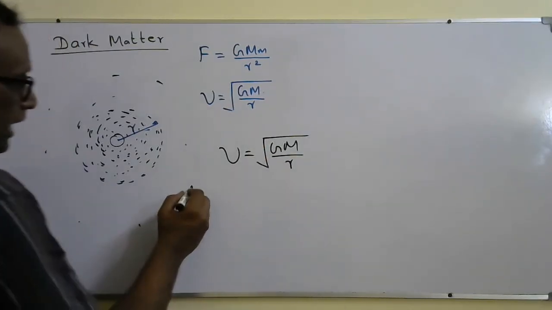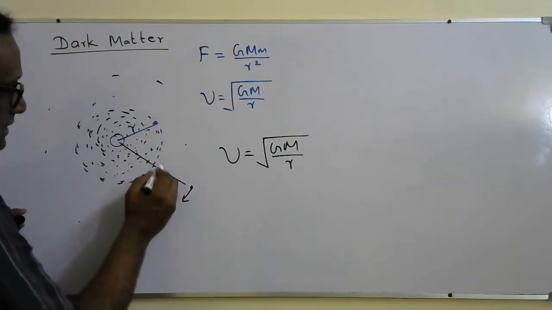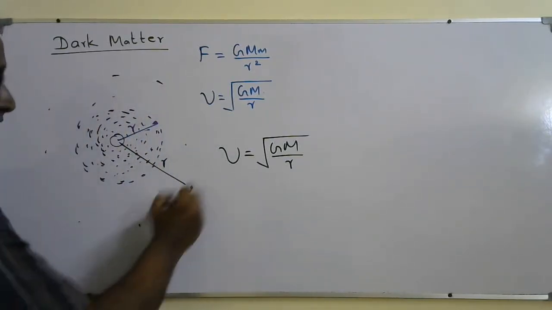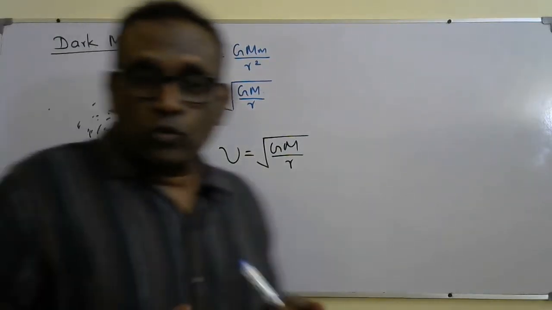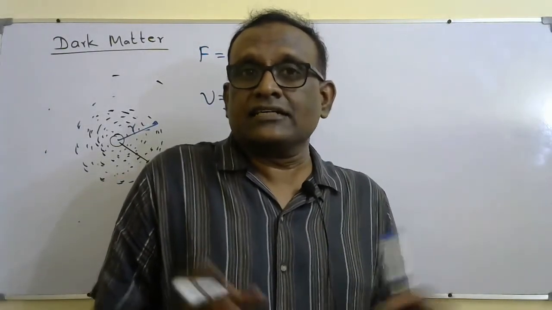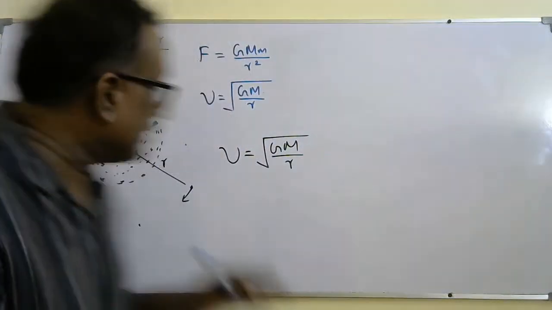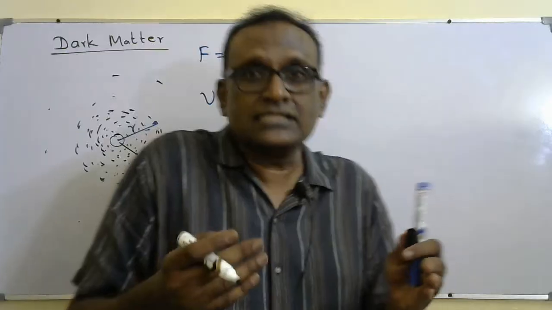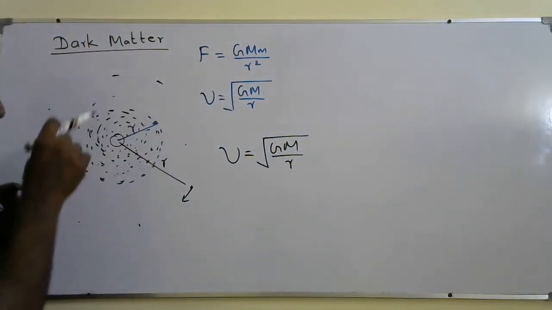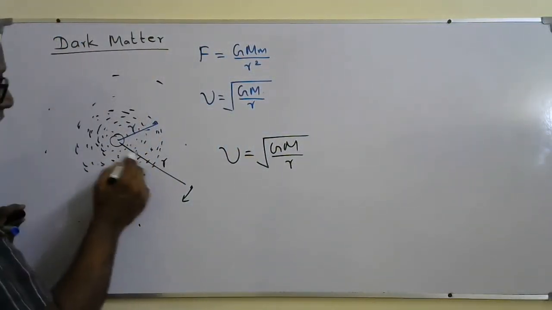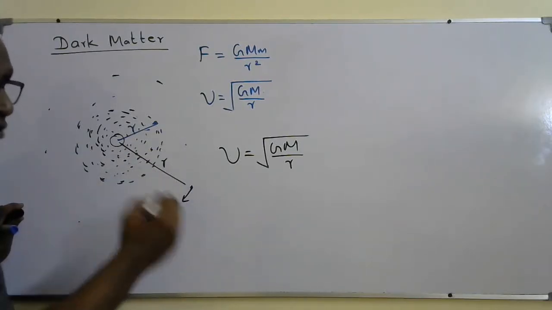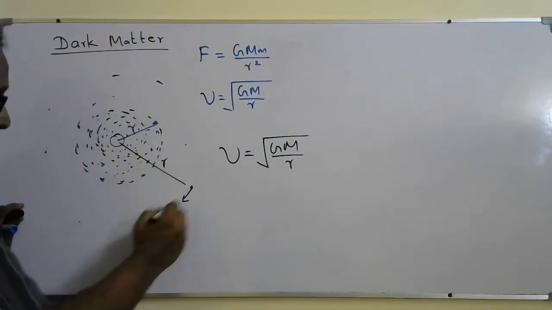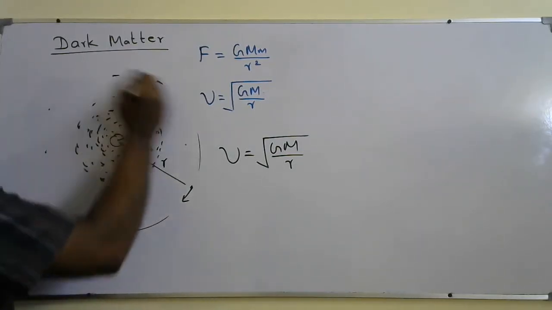You can argue the radius of this star is larger, so it might include more mass, but that's not the case, because most of the mass, the mass due to visible stars, is concentrated near the nucleus.